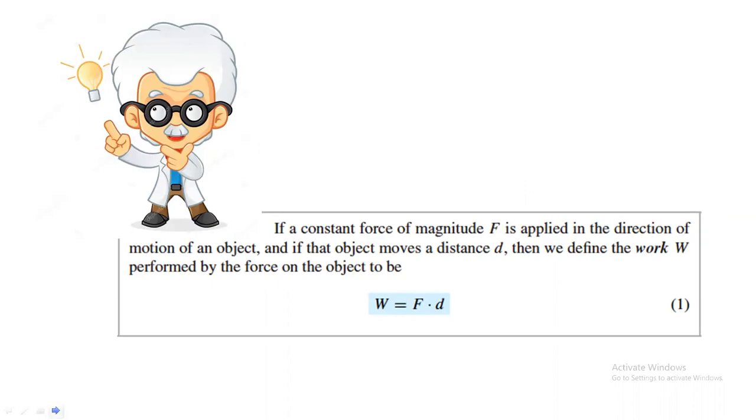Now, you've learned in physics that if the force of magnitude F is constant, and you're going to determine the amount of work done by this particular force in displacing an object from one particular location to another, and this displacement is represented by D, your physics then uses the formula force times the distance.